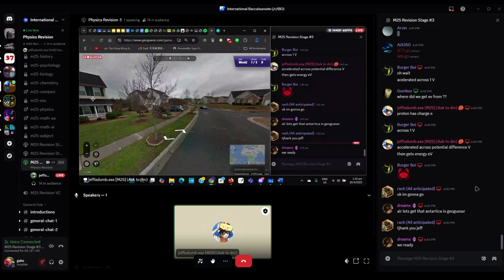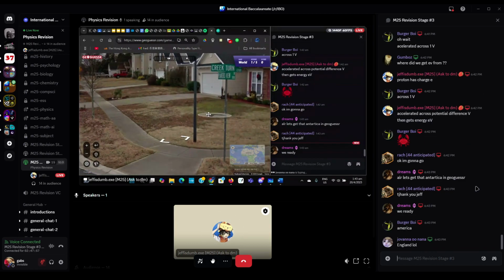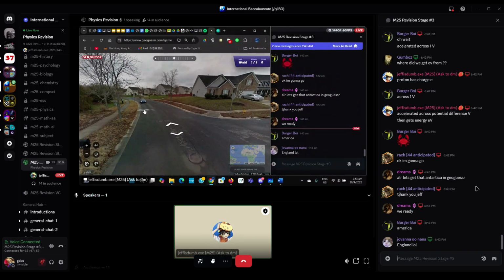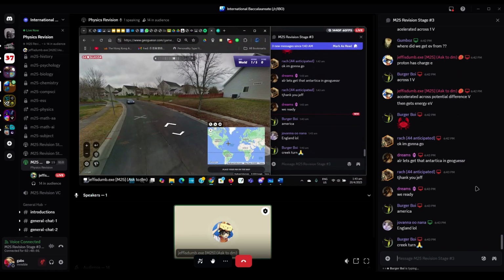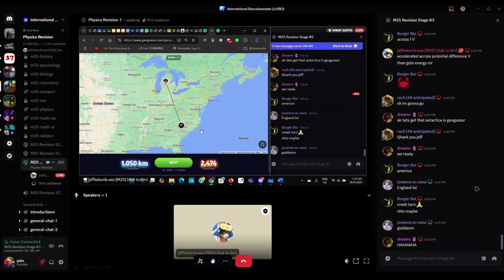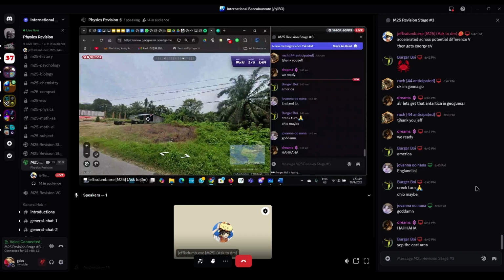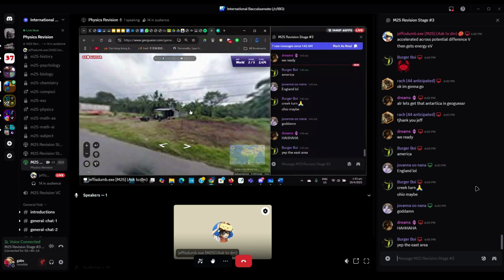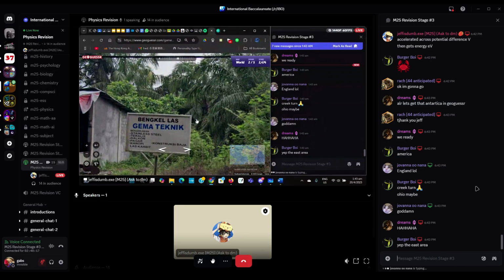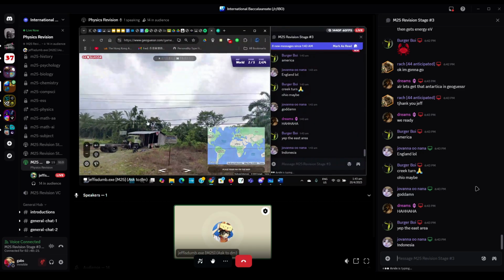Looks so American, these houses. These look so American, but where? Looks depressing. I don't know.